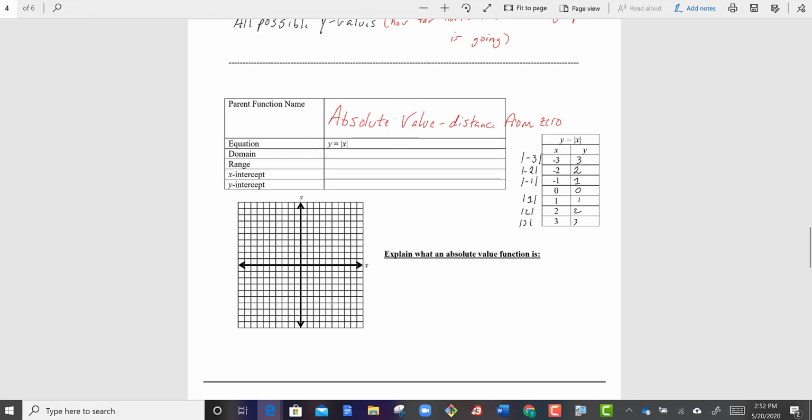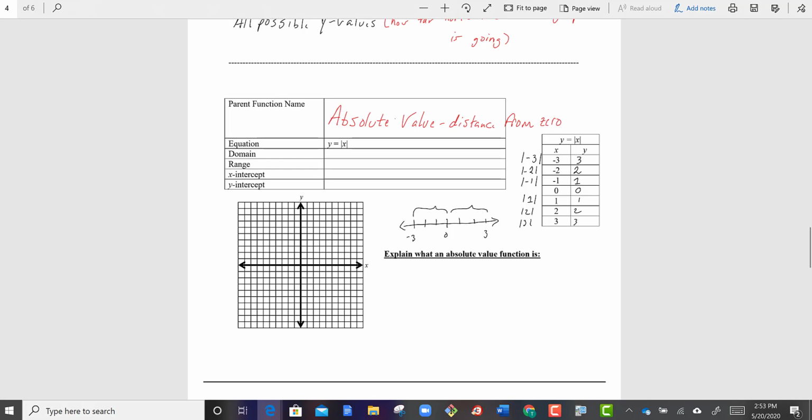So for instance, really quickly, if we had a number line and we have 0 right in the middle, -3 and +3 both have the same absolute value because they are both exactly 3 units away from 0.